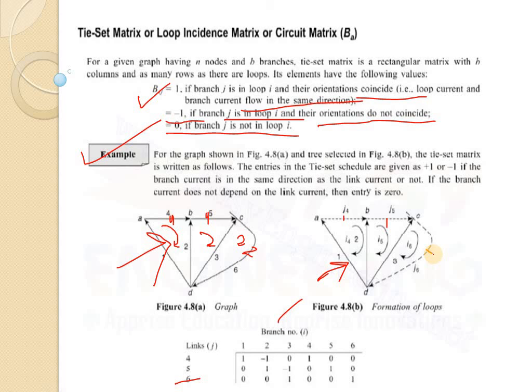So here the links are 4, 5 and 6. These are the links which omit the loops. From there we can form the tie-set matrix using branches 1, 2, 3, 4, 5, 6 and their relationship with the links 4, 5, 6 that we have highlighted here.